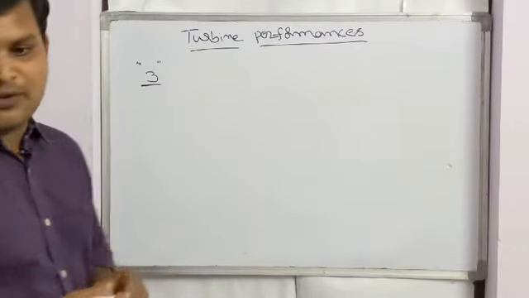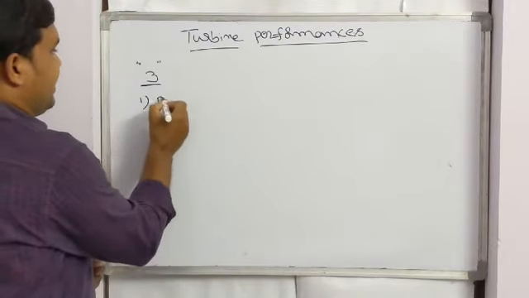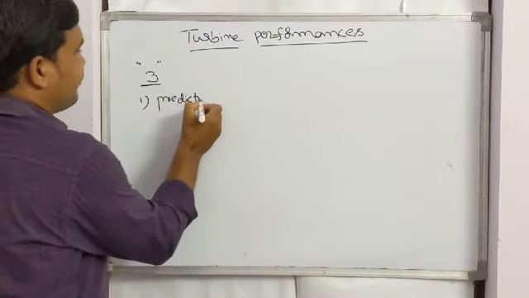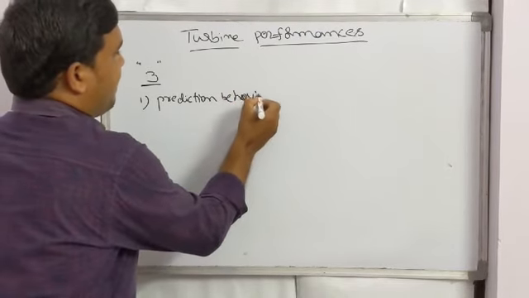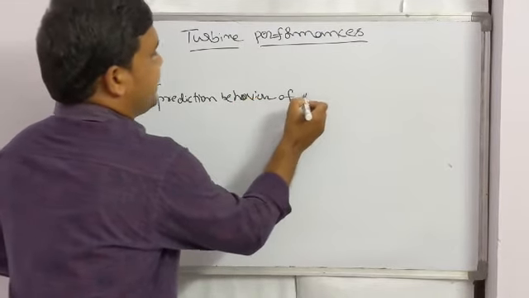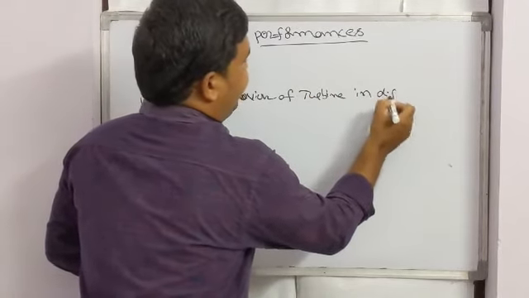For example, the first one is prediction of behavior of a turbine in different heads.